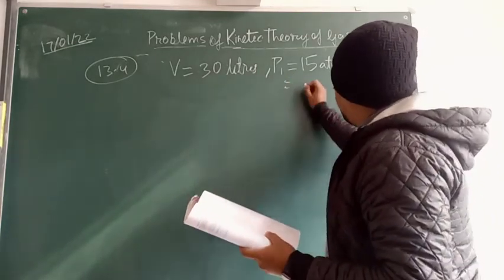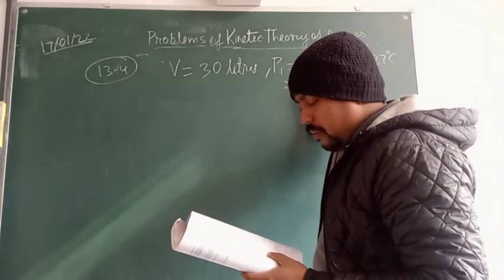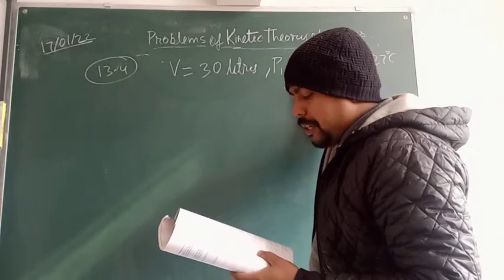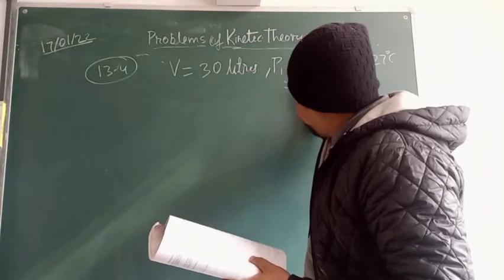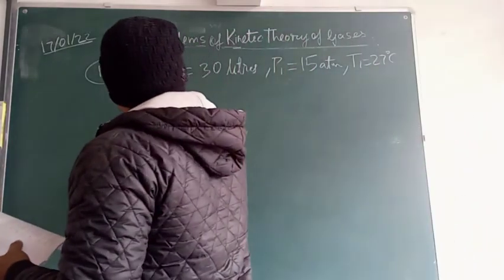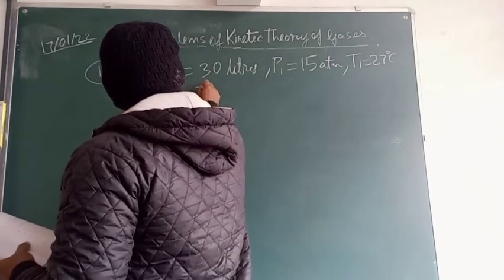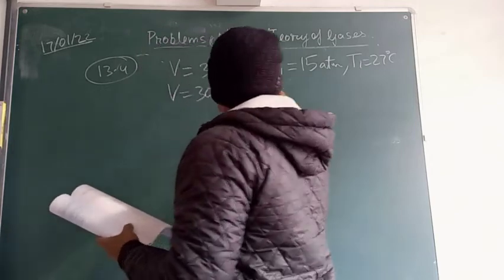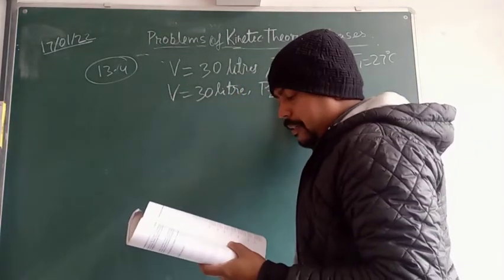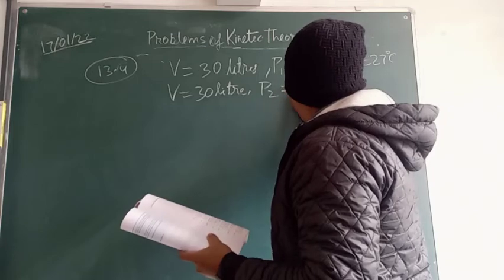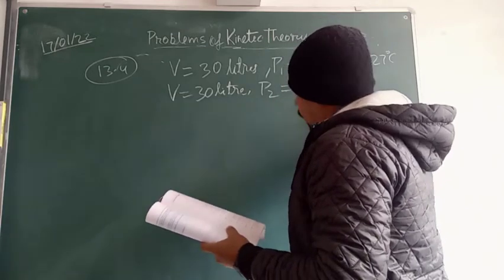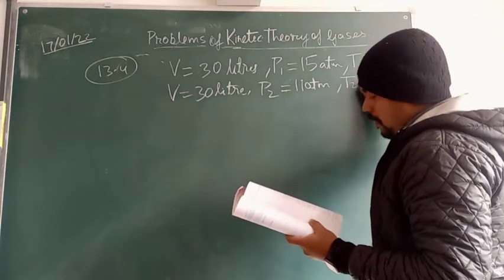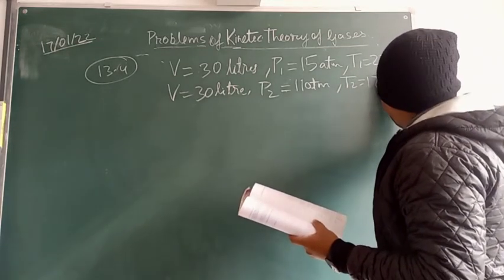After some time the oxygen is withdrawn from the cylinder, and the gauge pressure drops to 11 atmosphere. That is, the cylinder is still the same, 30 liters only, but now the pressure drops to 11 atm after drawing it, and temperature T2 is 17 degree centigrade.